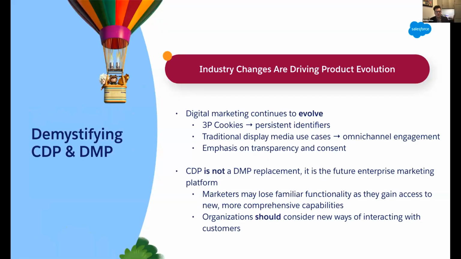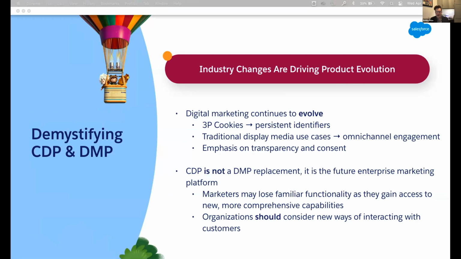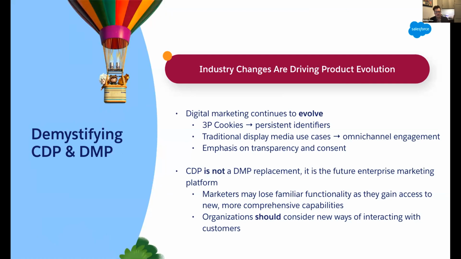Thanks, Andrew. So coming from the Krux acquisition, later known as Audience Studio, I'm going to talk a little bit about demystifying the CDP and the DMP. I think there's a lot of confusion in the market about what it is and what it isn't. So at a very high level, the industry is going through a fundamental shift, causing businesses like yours to really question the way they thought about digital marketing.